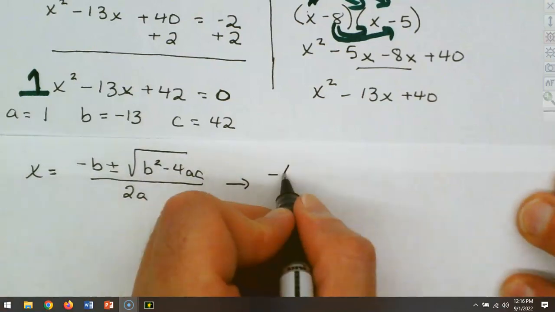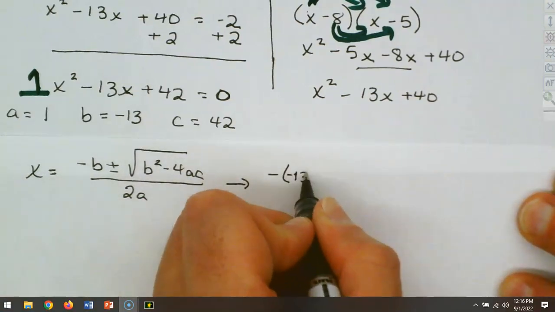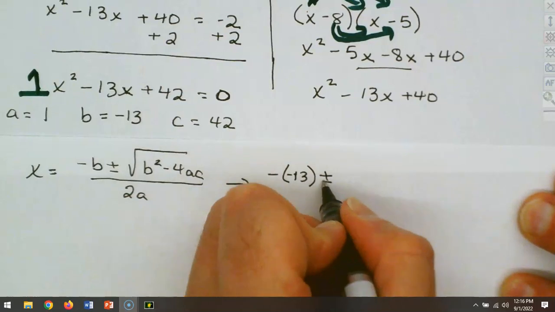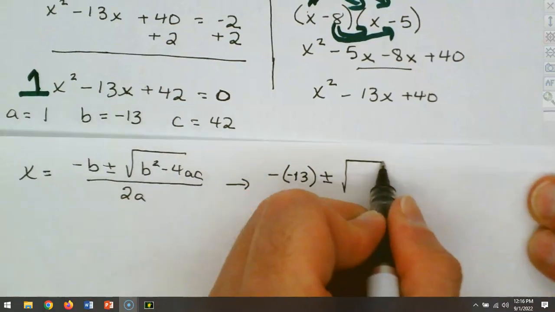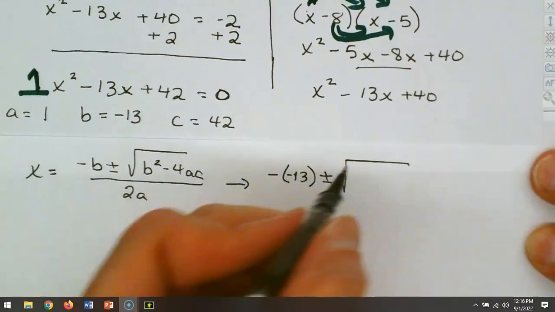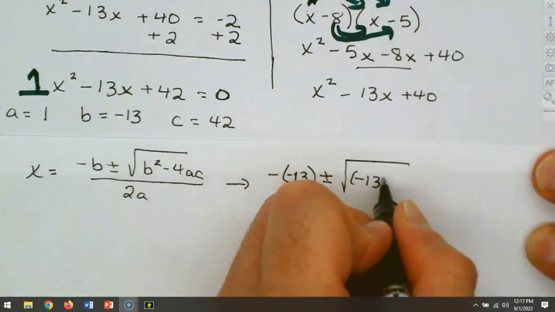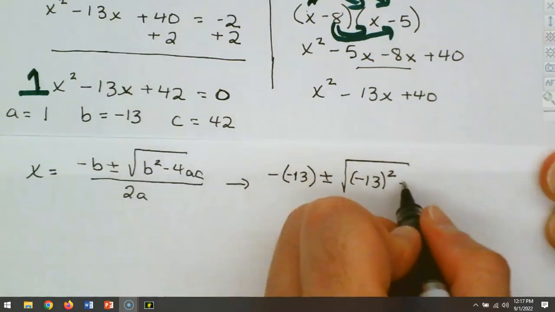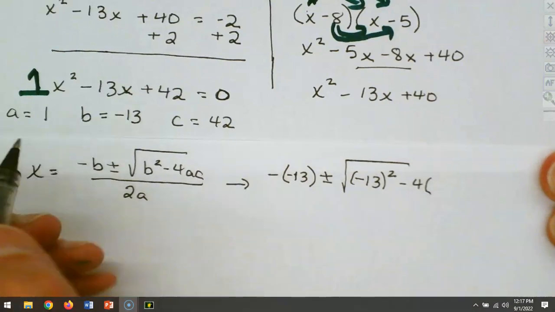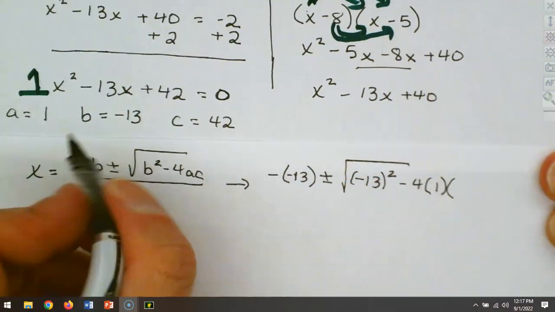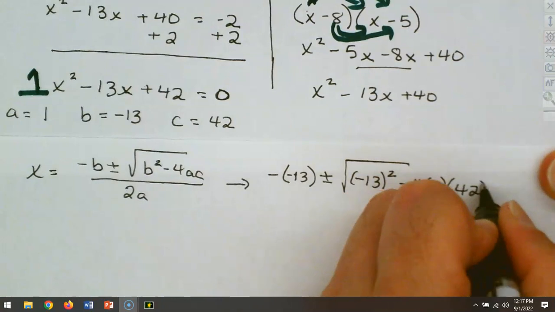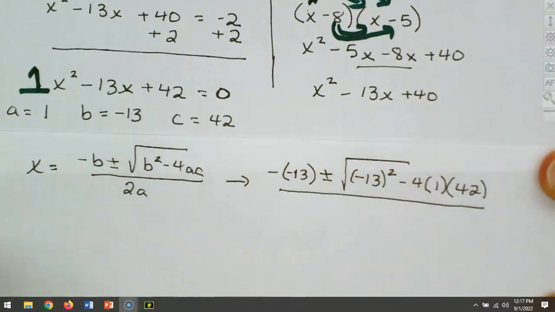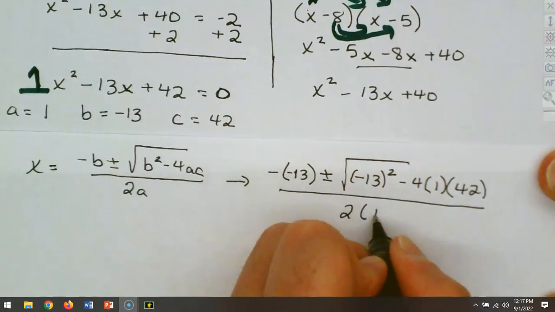So that's a negative of a negative 13 plus or minus the square root, right, of negative 13 squared minus 4 times a, which is 1, c, which is that 42, all over 2 times 1.